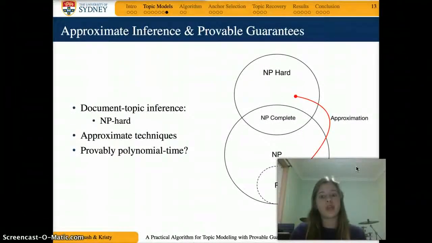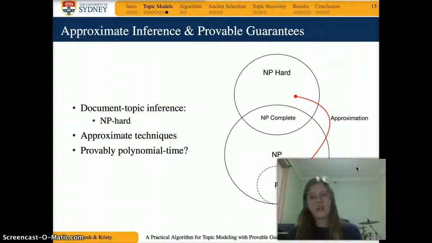So the reason we're looking at these provable guarantees and polynomial time things is because at the moment the methods are, well, they're approximate, they're not exact, but most of them are NP hard. So they involve, for example, solving integer linear programs for each topic, and that can just take forever to do. So we do some sort of approximation to make it polynomial in time, and that's what this paper is about.